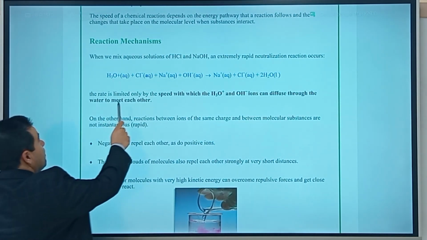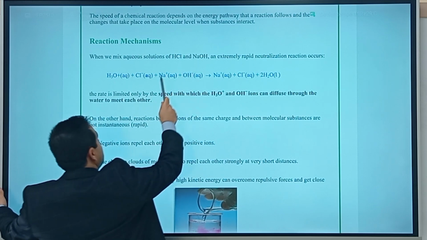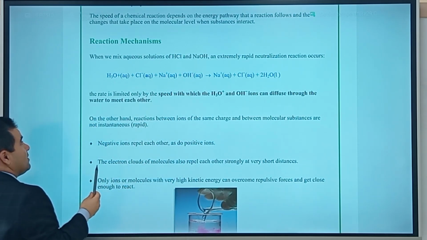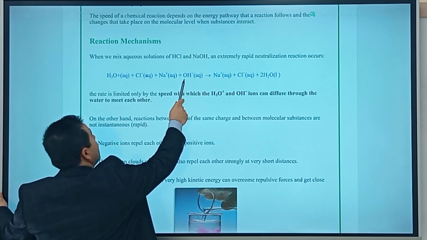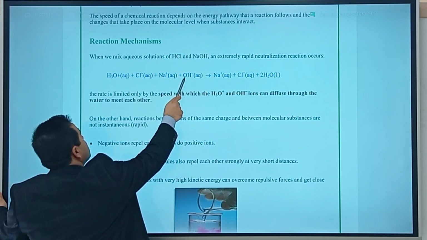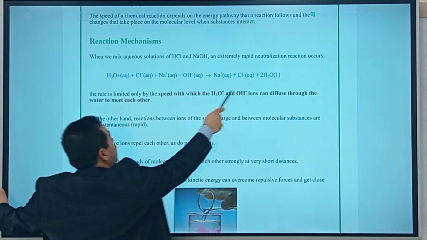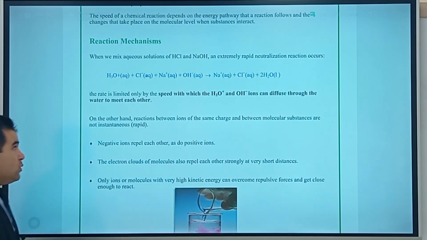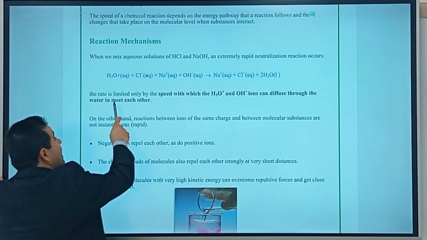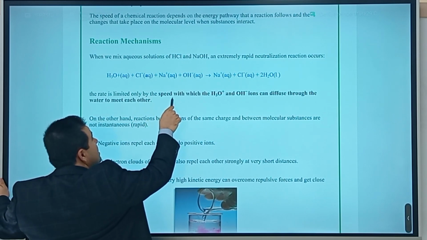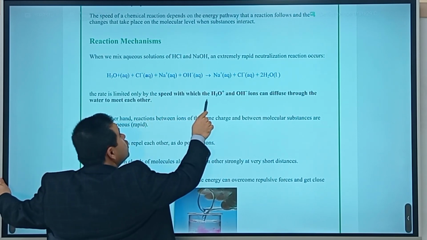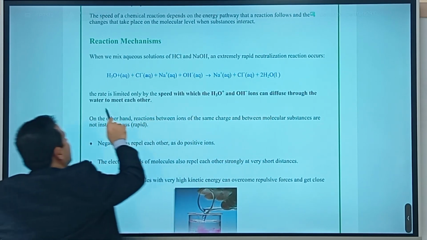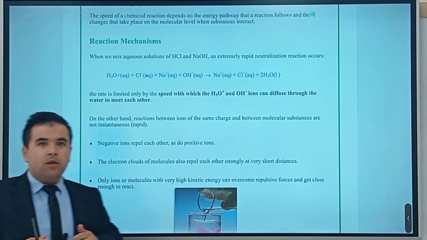Guys, whenever we mix HCl and NaOH, there will be a neutralization reaction between hydrochloric acid and sodium hydroxide. And the net equation is hydroxide plus hydronium to form H2O, because Na and Cl become spectators. The rate is limited by what? By the speed with which the hydronium and hydroxide can diffuse through the water to meet each other.